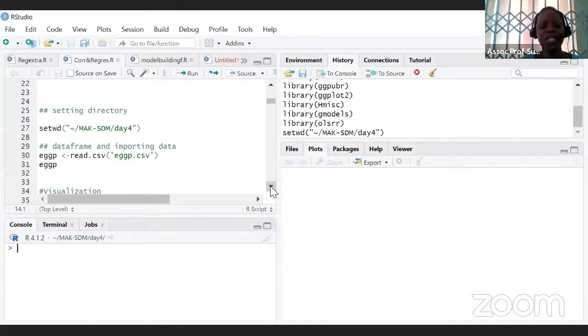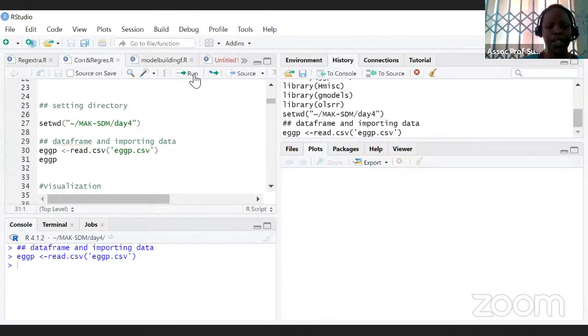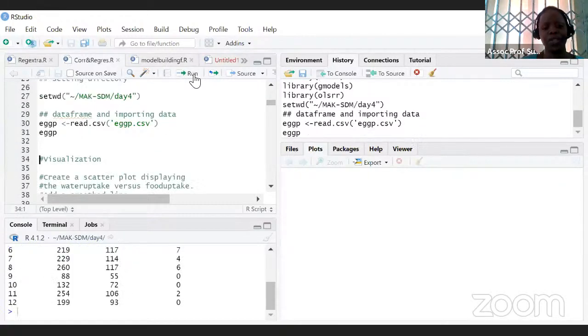After setting the working directory, we are going to read in the data called egg P, which is egg production. Using lines 30 and 31, let's read in our data. So I'm going to run line 30 and then run line 31.